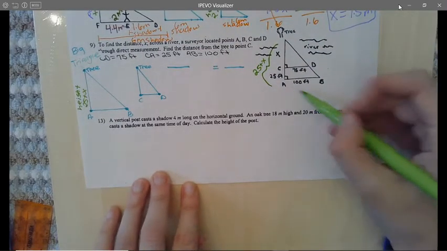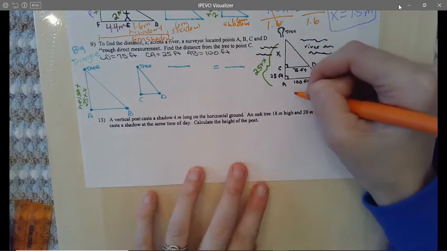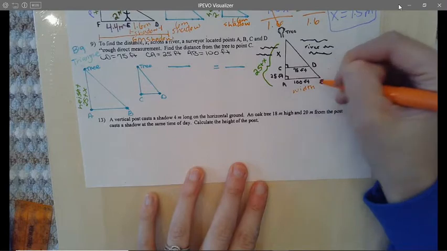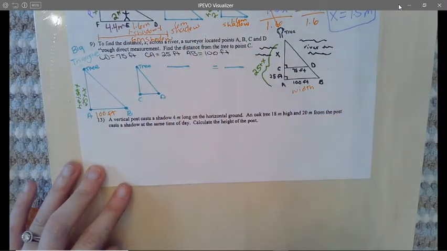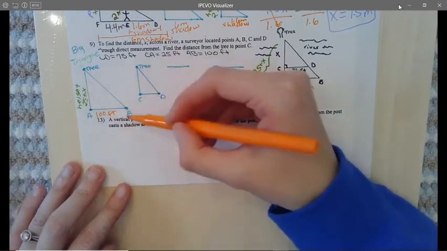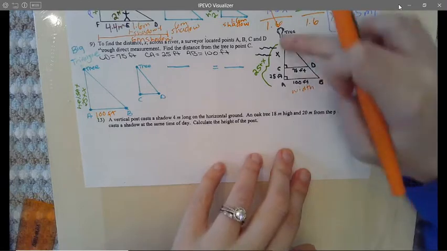Then we're going to call this the width of our triangle, so our width is 100 feet. So our height is 25 plus x, our width is 100 feet, and that is the large triangle.